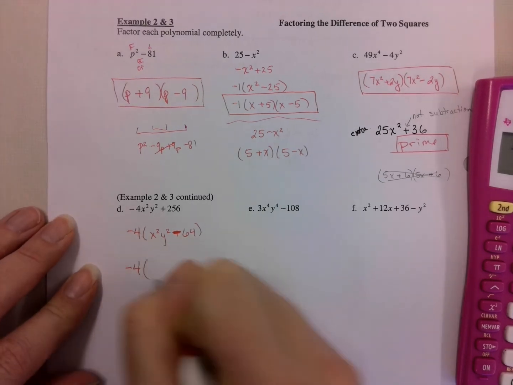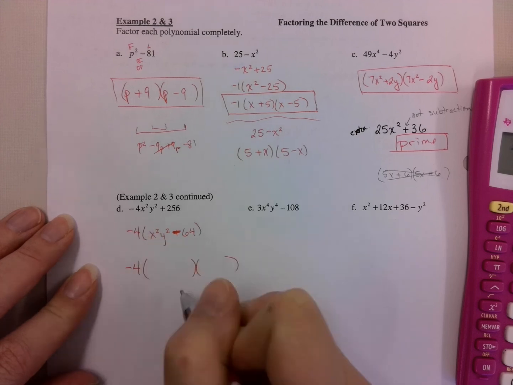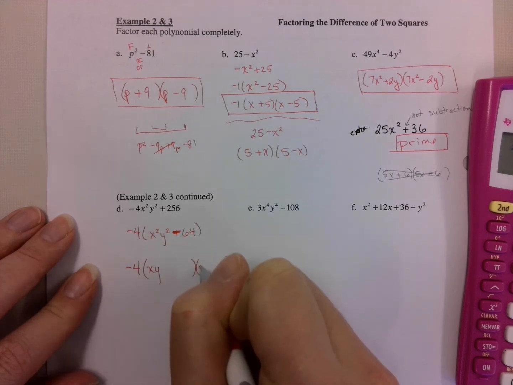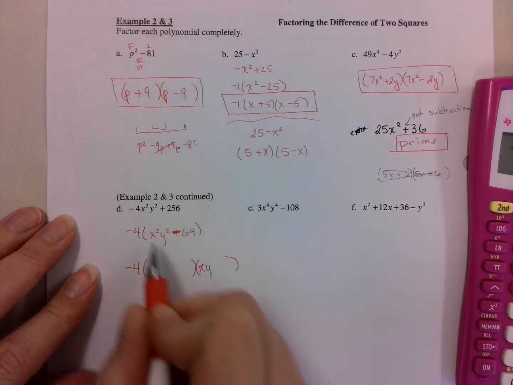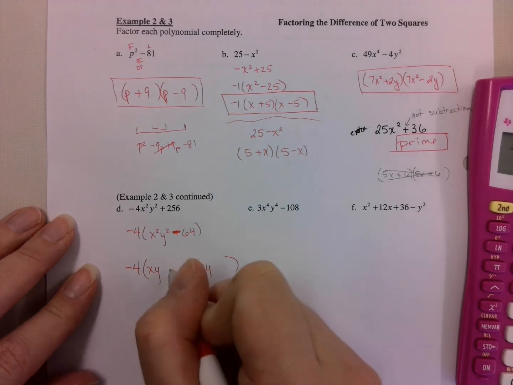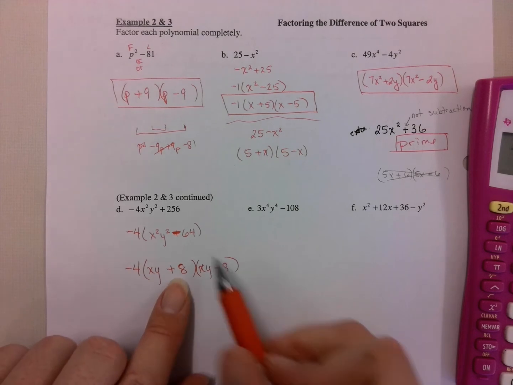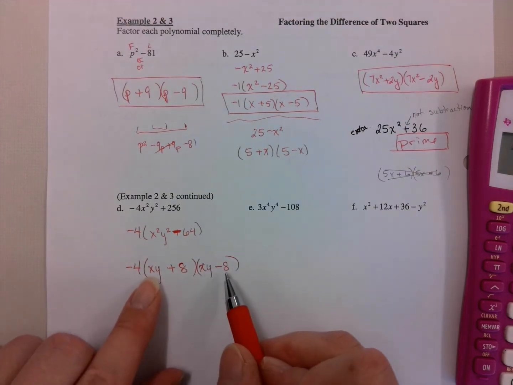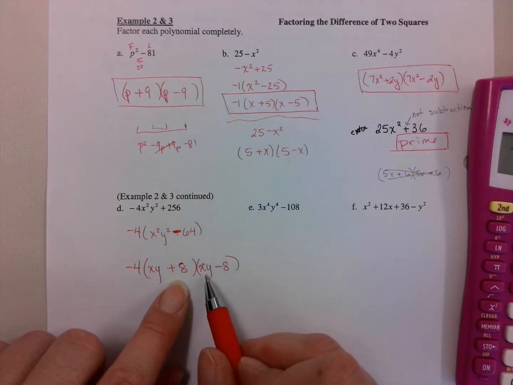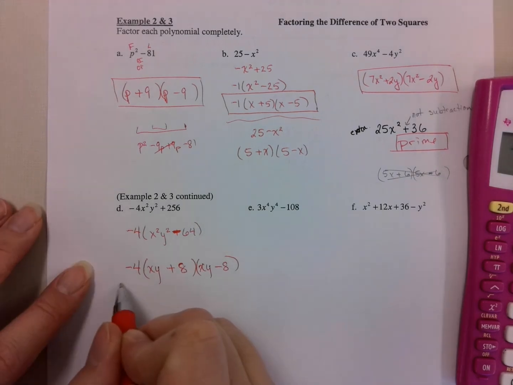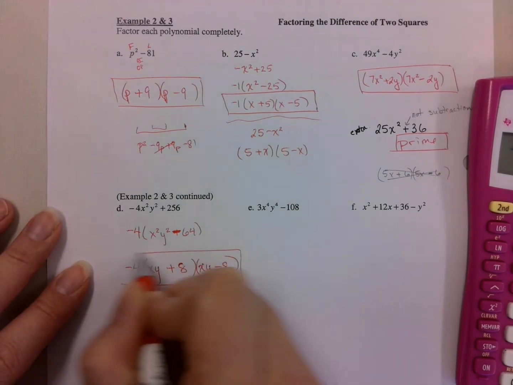So I'm going to keep that negative 4 here. But instead of just having an x, I'm going to have xy, xy, right? xx, yy, there we go. 1 positive 8, 1 negative 8. So let's double check that. There's my negative 64. And negative 8xy and a positive 8xy are going to cancel out. So that, again, is my final answer.